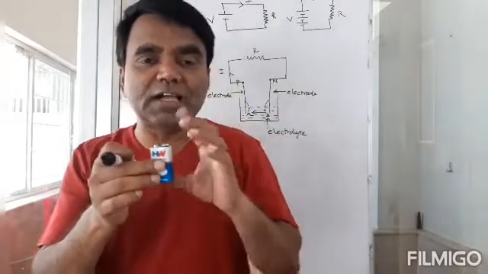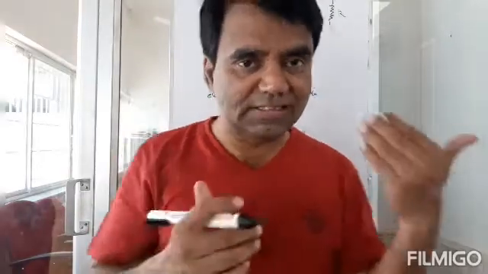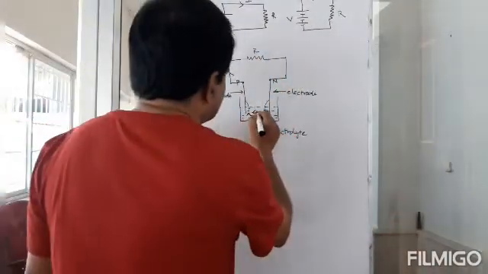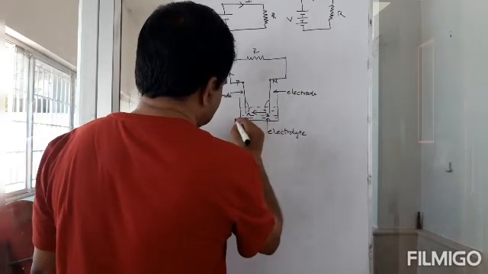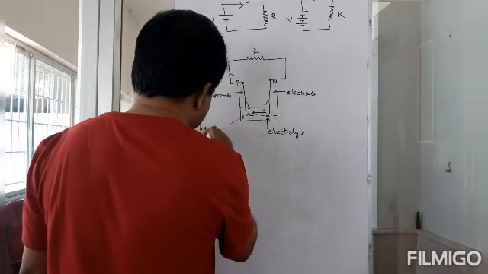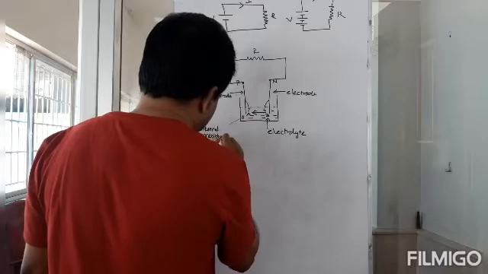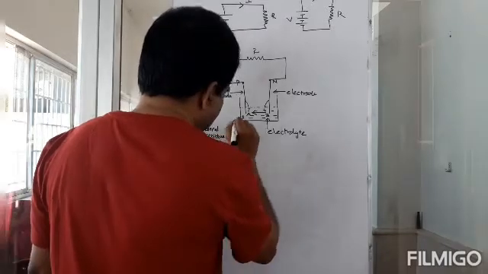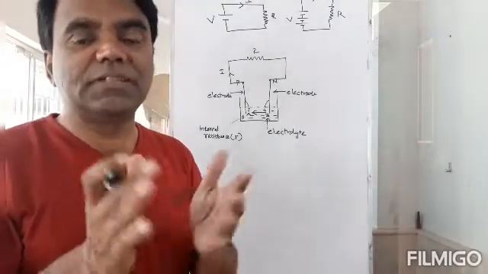So what you would have is an internal resistance. There would be an internal resistance in this. I'll call that r. Okay, there is an internal resistance when current flows. Small r. It's a very small quantity, but it is still there.